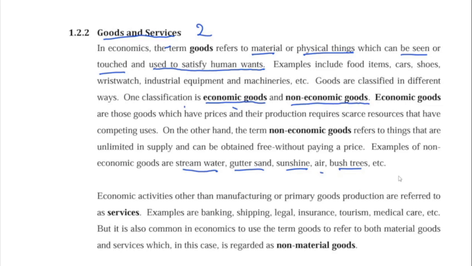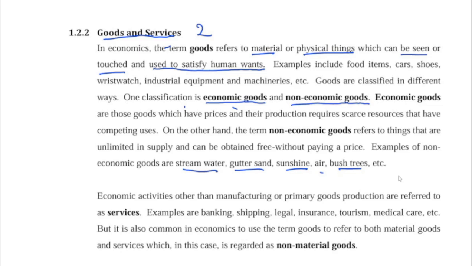It's not a physical thing, but it's something that is being done for you by another person that you pay for. That is called service.